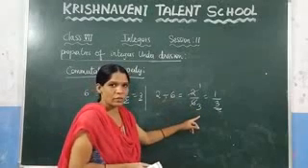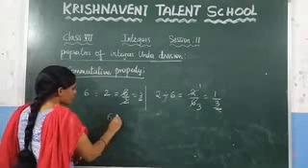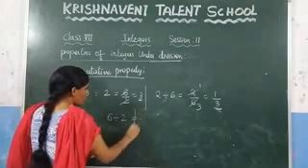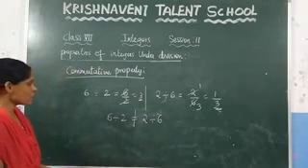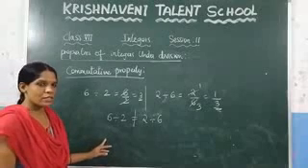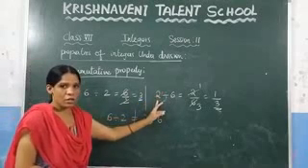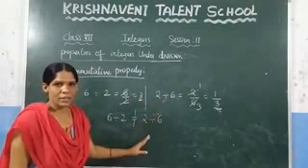Is 3 equal to 1 by 3? No. So 6 divided by 2 is not equal to 2 divided by 6. That means if you take any two integers and divide them by changing the order, you do not get the same result.